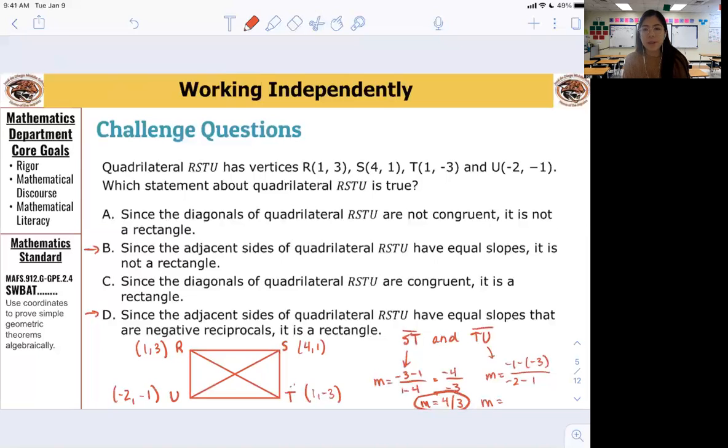Remember that two negatives make a positive, so that's really -1 plus 3. Okay, that's 2. Thank you, Emily. And yes, Tyrone, what's -2 minus 1? -3. So we end up with -2/3.